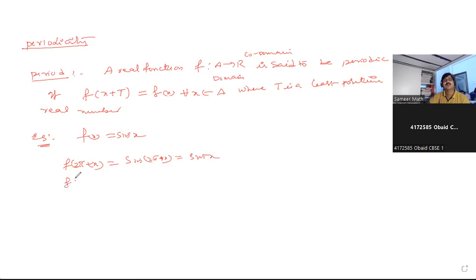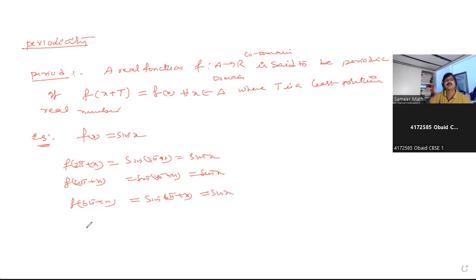But you can take sine of 4 pi plus x also, that is also sine x. Right. And sine of 6 pi plus x also, nothing to worry here, we are also getting sine x.